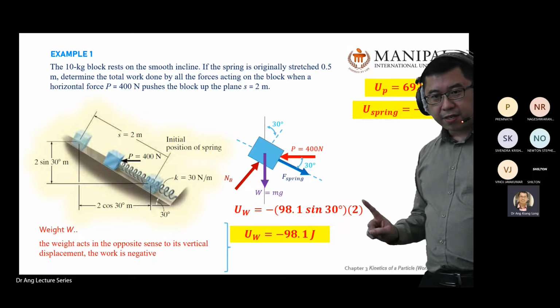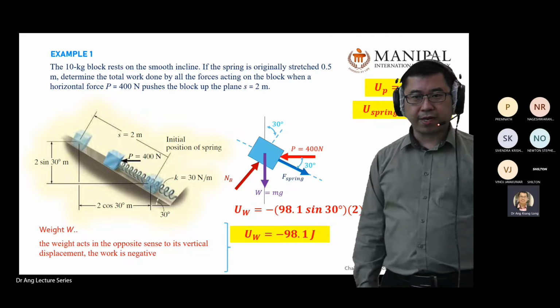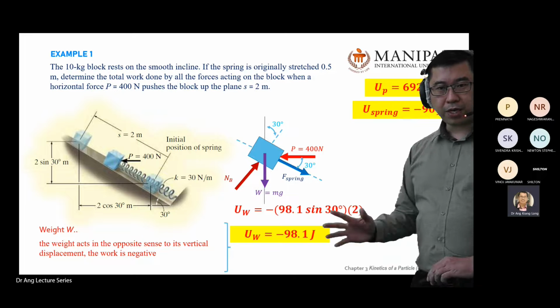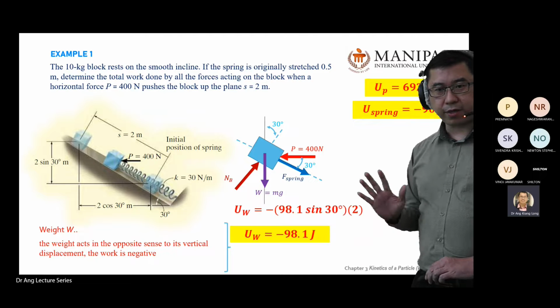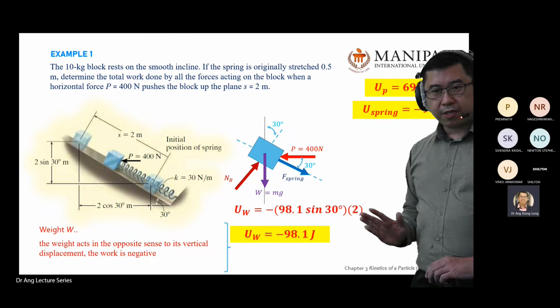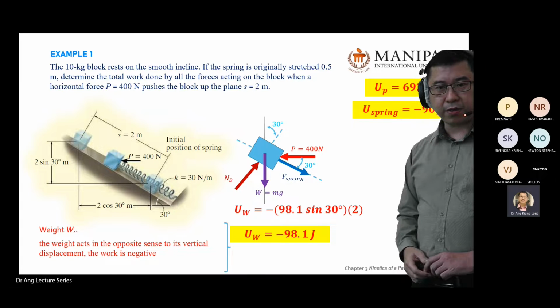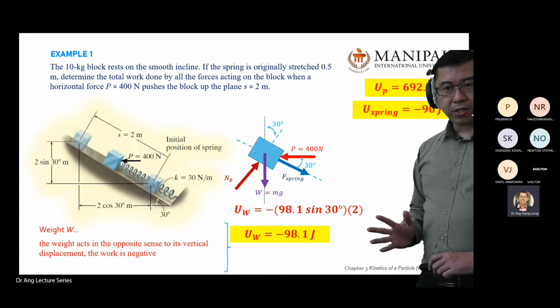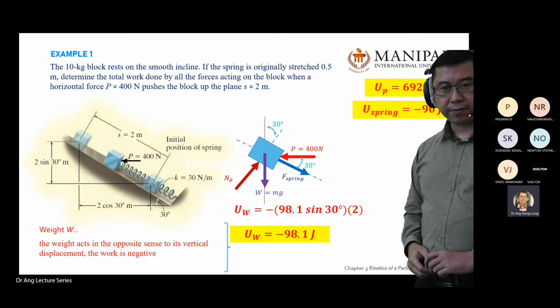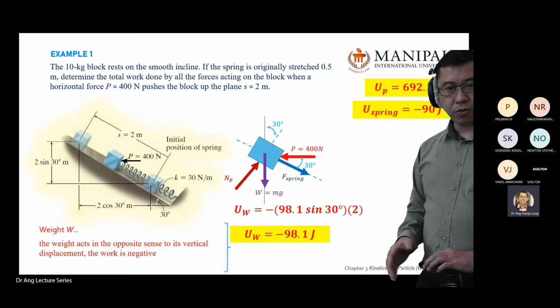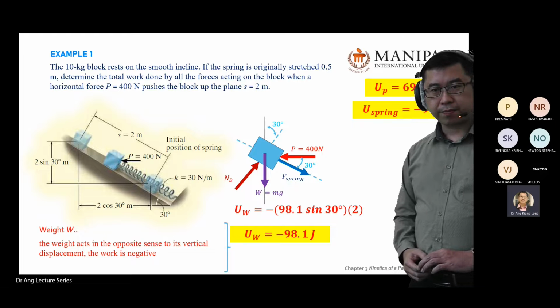Half, take up 2, you get 1, you get 98.1 joule. Any question for the weight, the work done by the weight? Good. Stop me if you're not able to do.